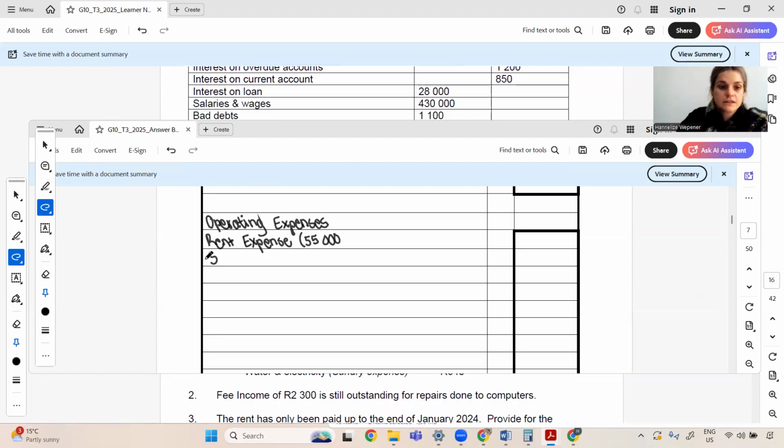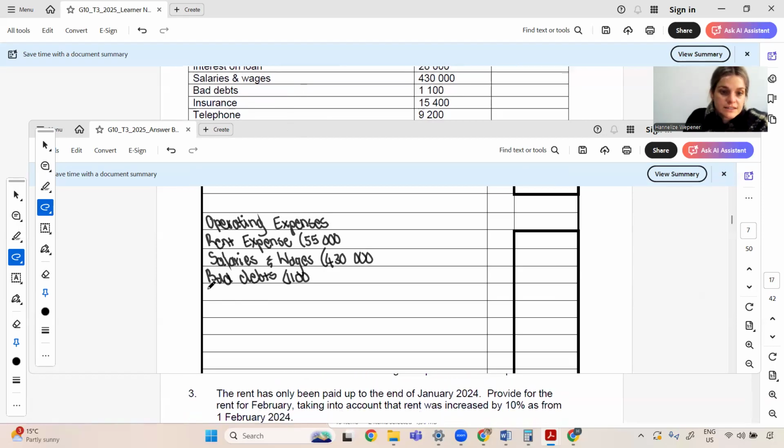Then we also have salaries and wages under our operating expenses. Salaries and wages starting on 430,000. Then you had some bad debts. That's another expense. So bad debts, also 1100 amount as per trial balance.